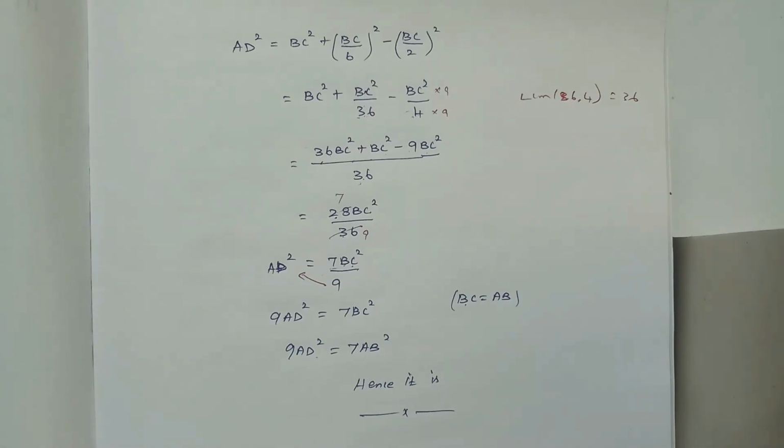Based on that you can use the property. We saw the properties for each concept separately. So based on that you can apply the property and prove or find whatever they are asking, right? Thank you.